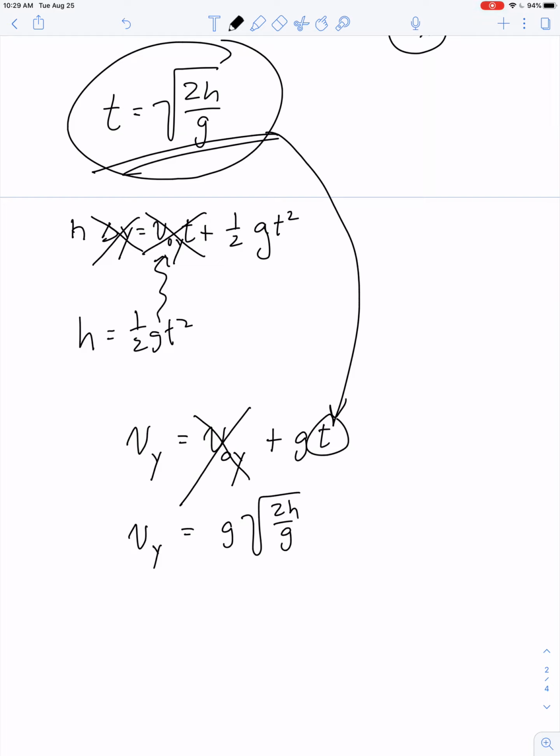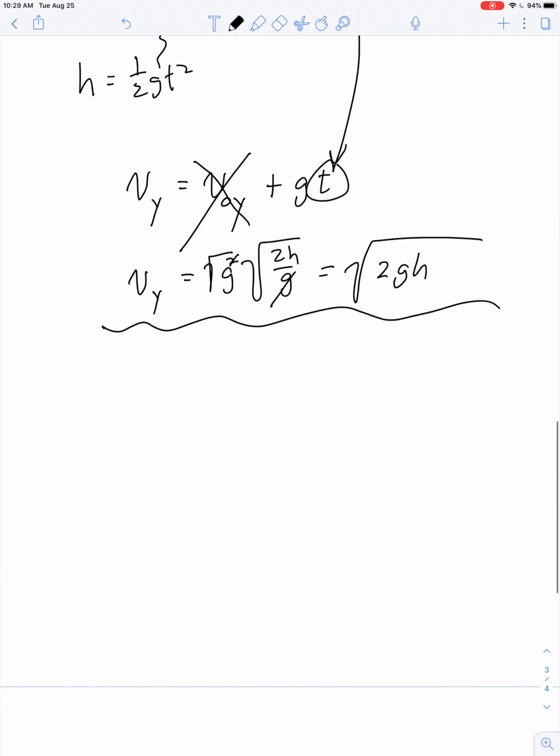I can think of g as the square root of g squared, so then I can put everything underneath one radical sign, and that g cancels with that. Oh, I can just get the square root of 2gh. Maybe I went about this the long way, right? I could have used the kinematics equation that says the final velocity squared equals the initial velocity squared plus 2a delta y.